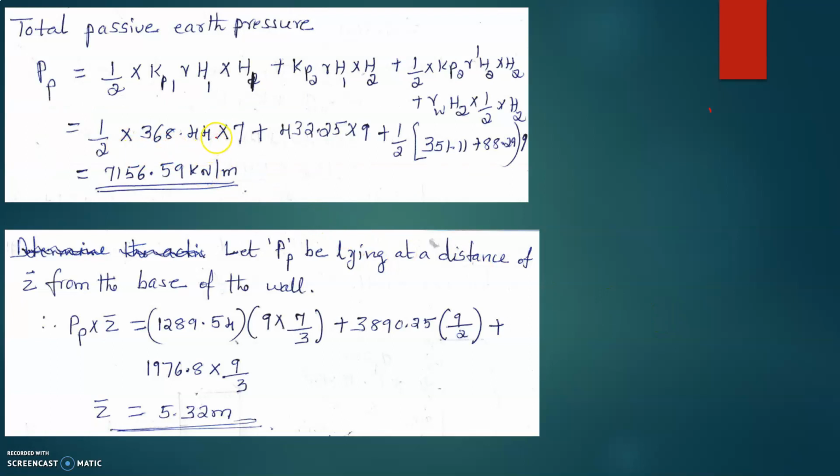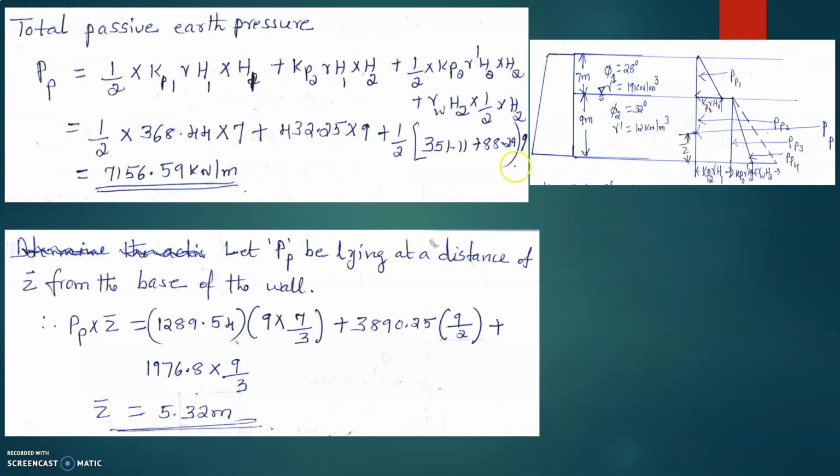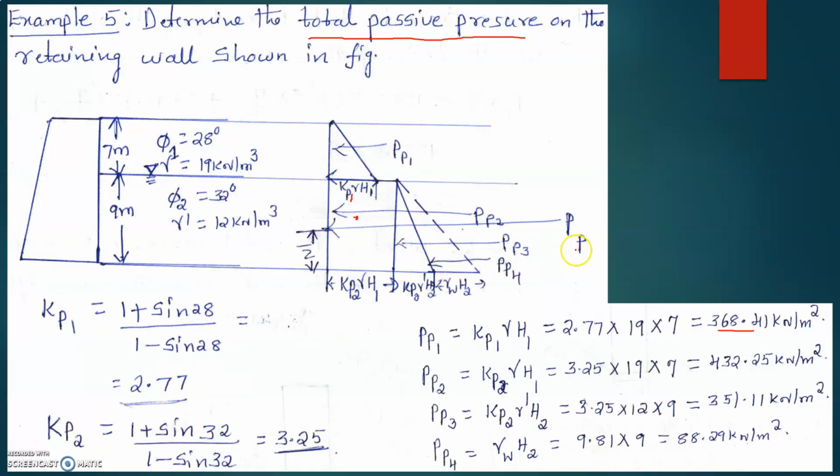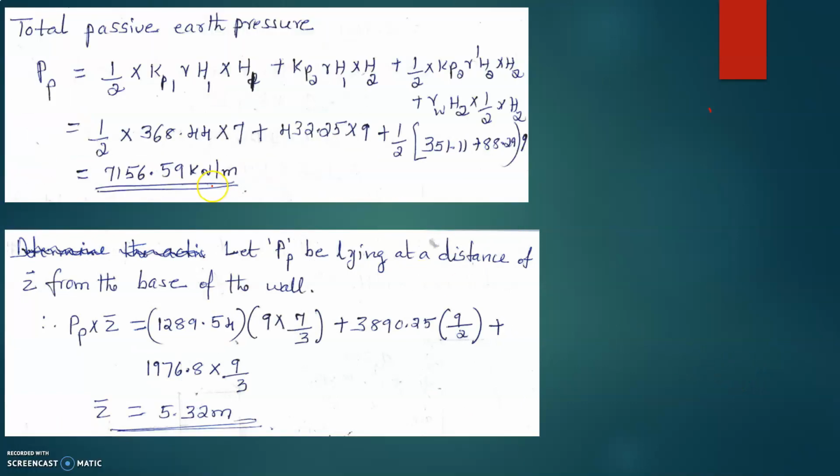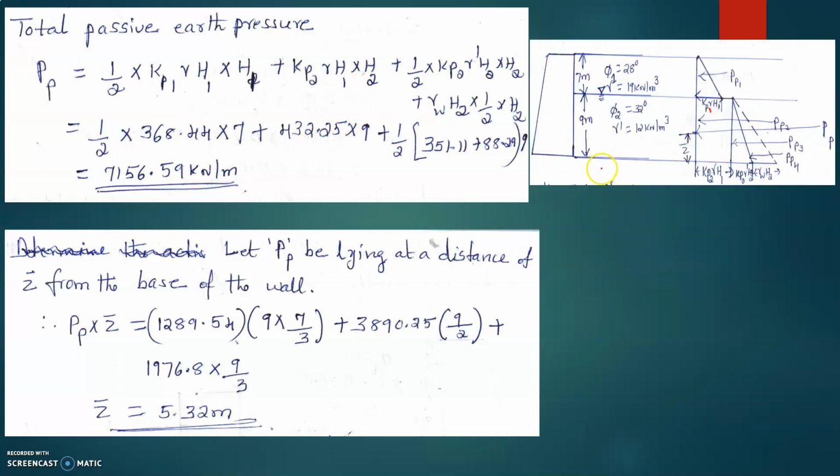Substitute that, 368.41 into H1. Height is 7 meters here. Okay, so that is this plus Kp2 gamma H1, which is also calculated here. That is 432.25. So substitute 432.25 into H2, which is 9 here.